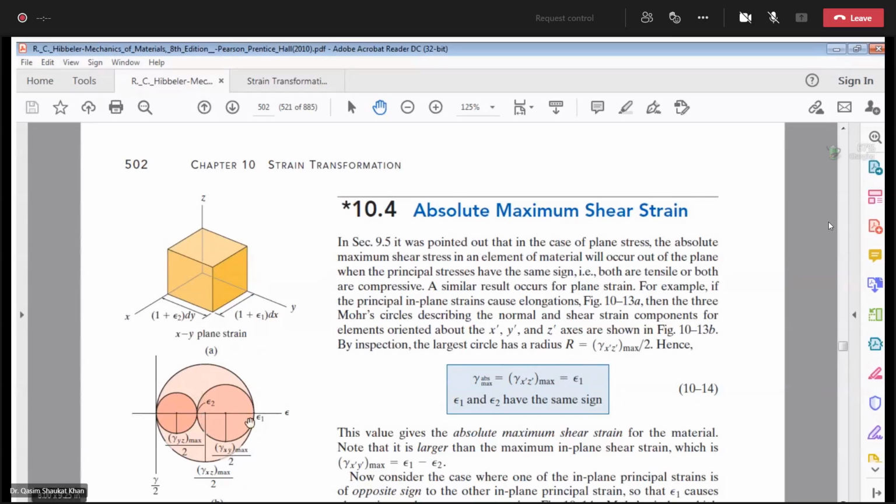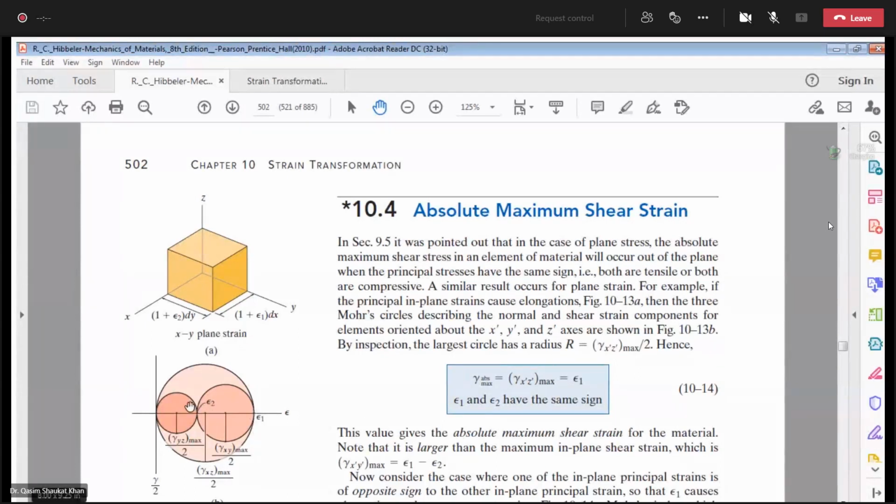This one. Now you see, we know that epsilon 1 will always be the larger value of the principal strain, and epsilon 2 will always be the smaller value. So if both your principal strains are positive, causing elongation, then epsilon 1 is the positive, larger value, epsilon 2 is positive but smaller.